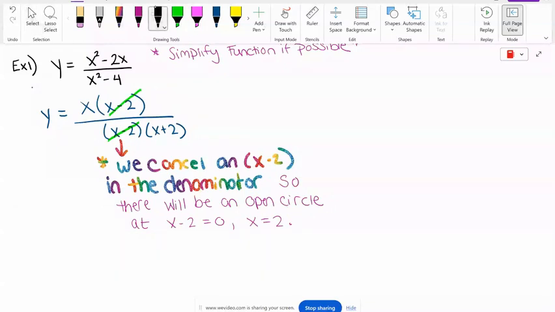All right, now let's go through and find all of our different things. So part A, we're going to find our domain. Now for domain, use the original function.